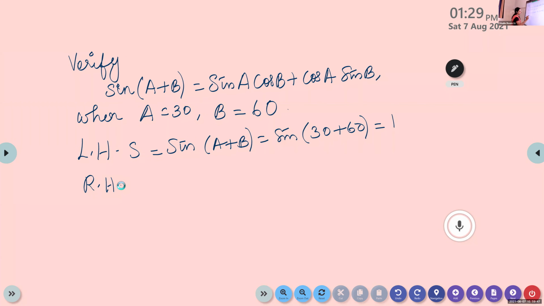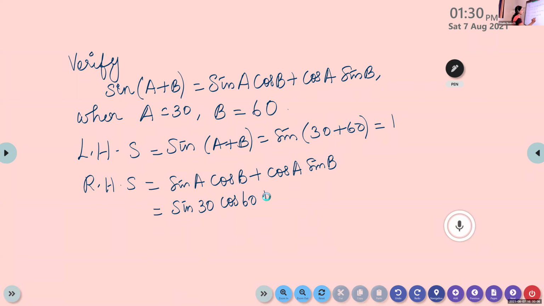RHS. RHS is sine A cos B plus cos A sine B. So in the place of A, substitute 30, and B as 60. So sine 30 cos 60 plus cos 30 sine 60.